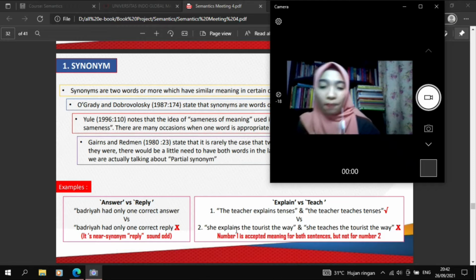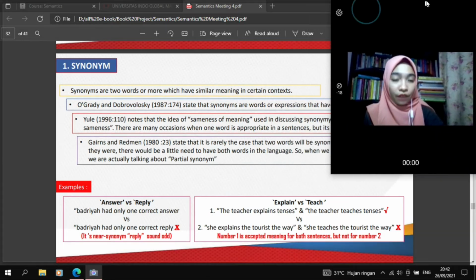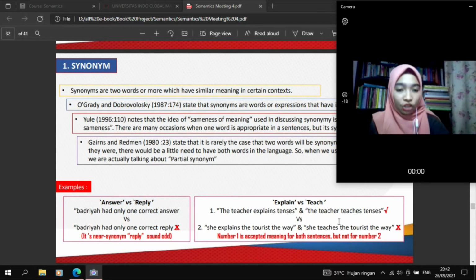But how about she explained the tourist the way versus she teaches the tourist the way? You can accept the meaning of she explained the tourist the way, but we cannot accept she teaches the tourist the way. This sentence is wrong.